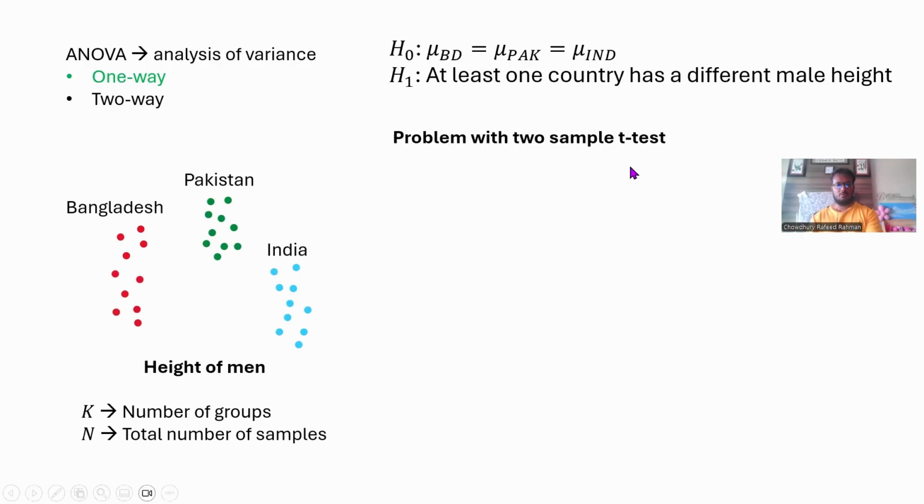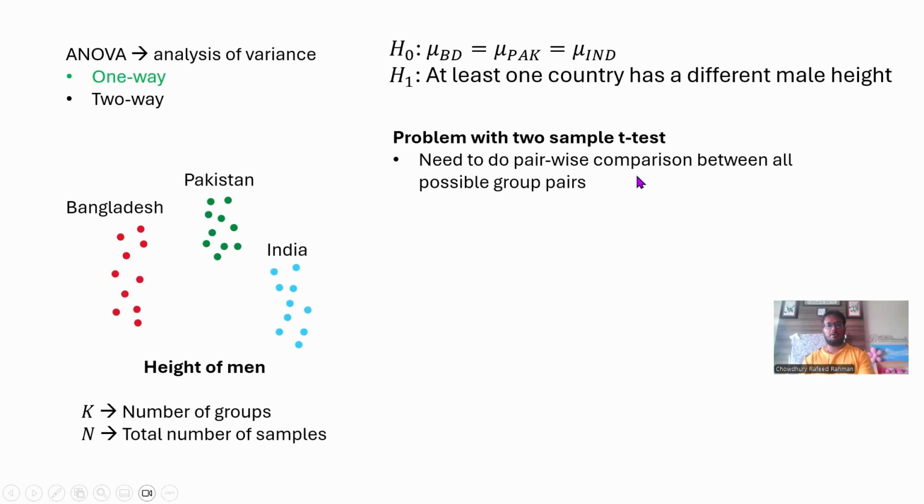This is the problem with the two-sample t-test. The first one is that we need to do pairwise comparisons between all possible group pairs. So here: red-green, green-blue, and blue-red. We need to compare these three pairs. Now imagine that there are 10 groups; we are going to have to compare 10 choose 2 pairs.